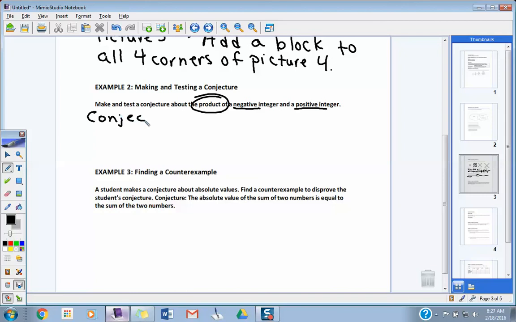Conjecture this: a negative times a positive. A negative times a positive is what? Is negative. Good.